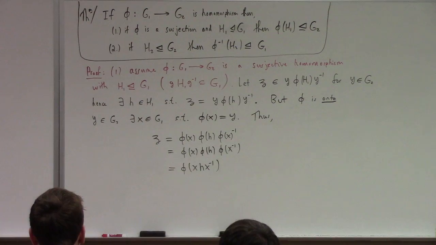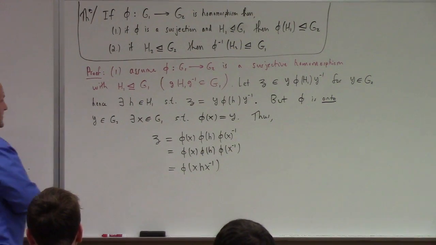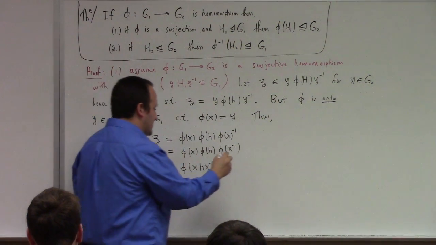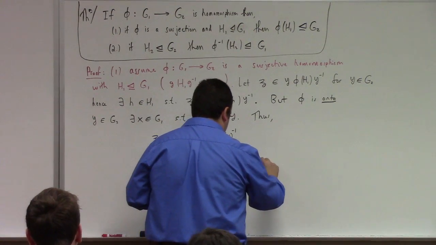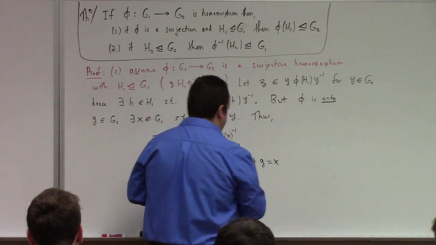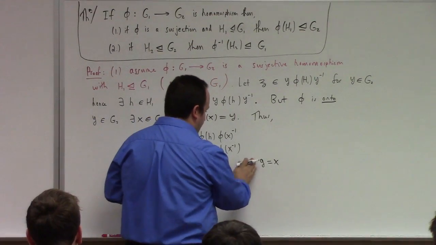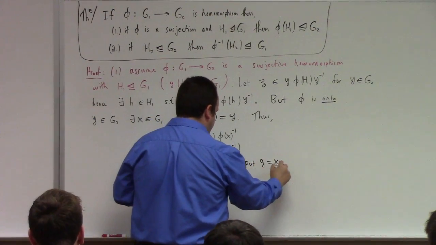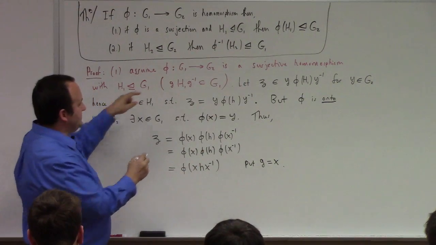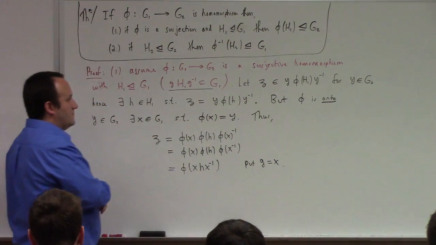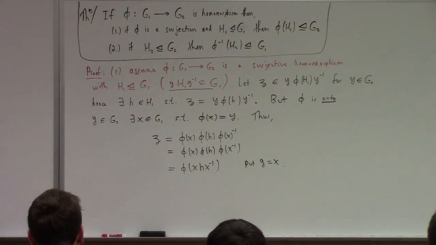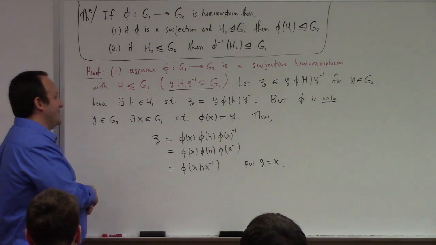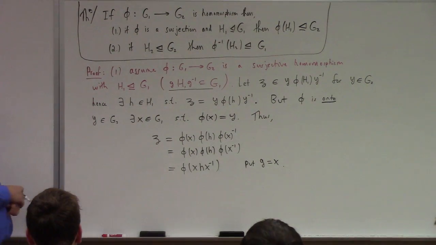Now, if I had been more clever, instead of writing G, I should have put X equal to G, or G equals X, if you like. If the universe you're operating in is G1, is conjugation by an element of G1 still in G1 for a subgroup?